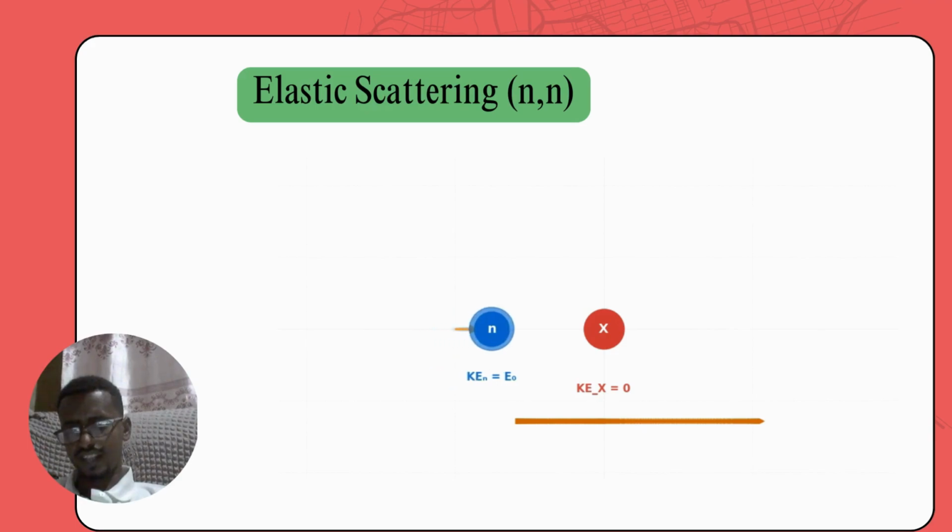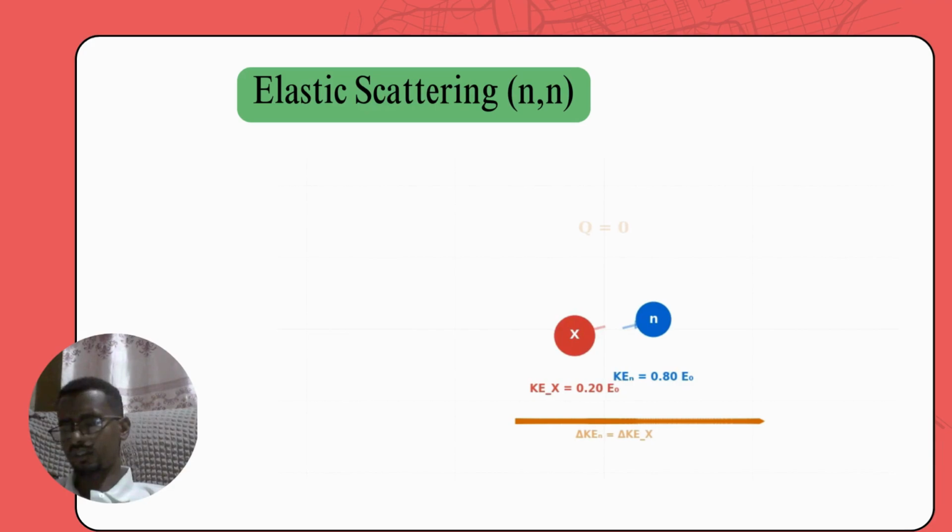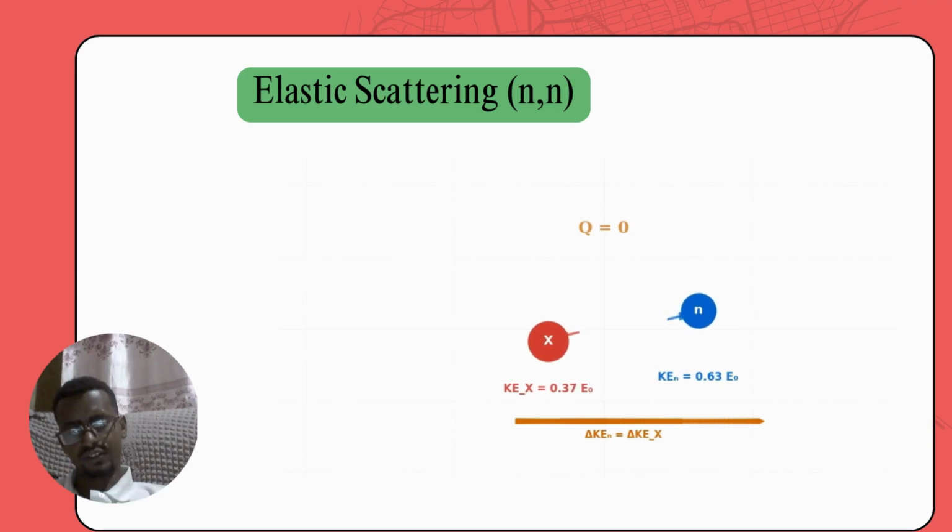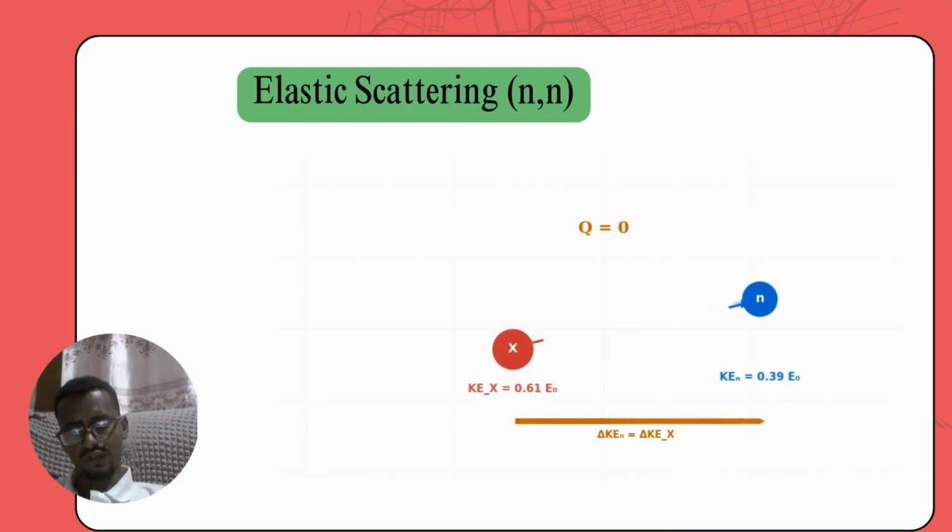In elastic scattering, total kinetic energy is conserved, which means the incoming neutron with high kinetic energy hits the target nucleus. Then the change in kinetic energy of the neutron leads to the recoiling of the nucleus. So the change in kinetic energy of the neutron equals the change in kinetic energy of the recoiling nucleus. As you are observing from this video, the Q value will be 0.